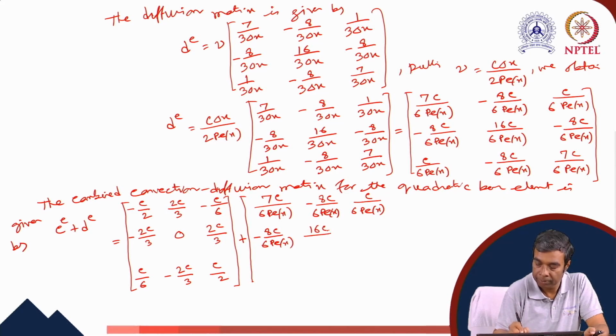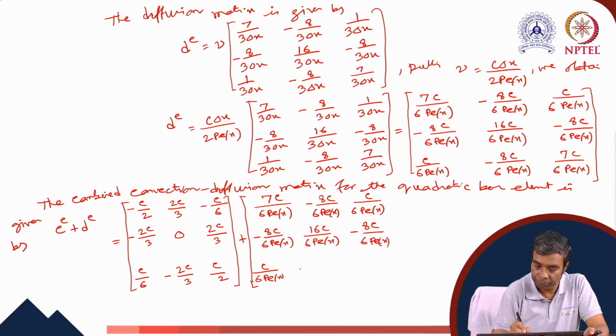In the last row we have C by 6Pex, then we have minus 8C by 6Pex, and finally we have 7C by 6Pex.